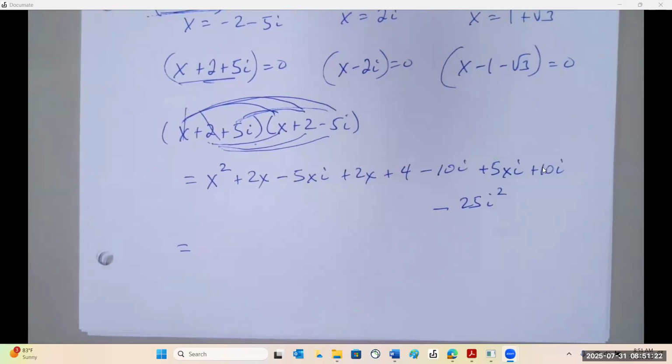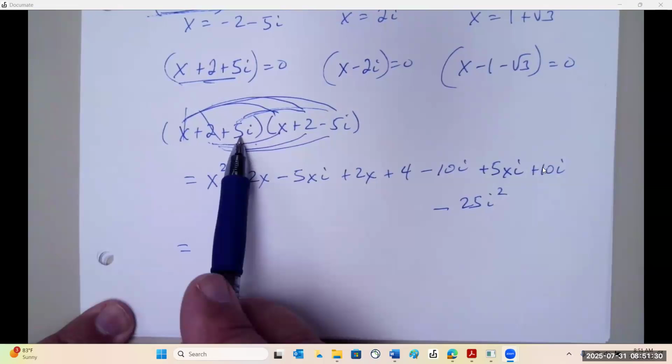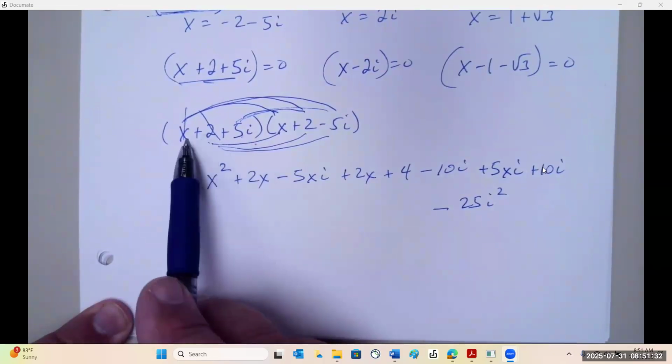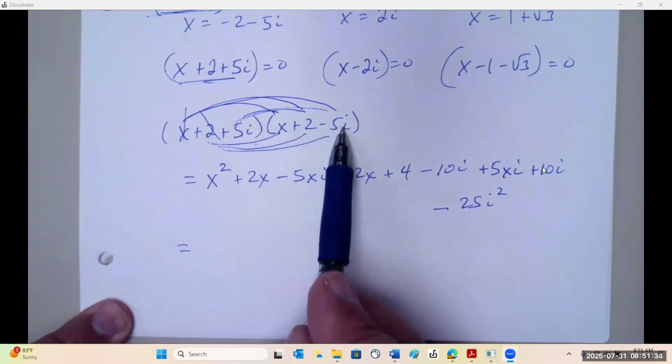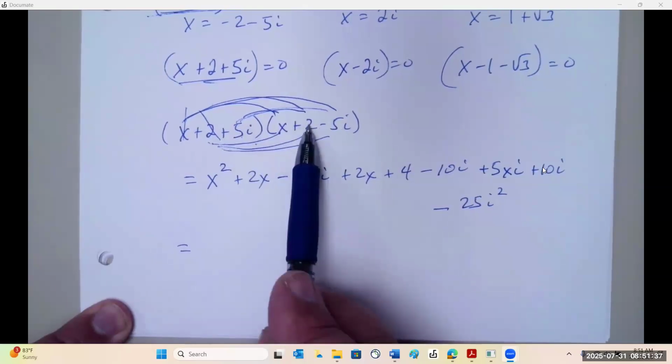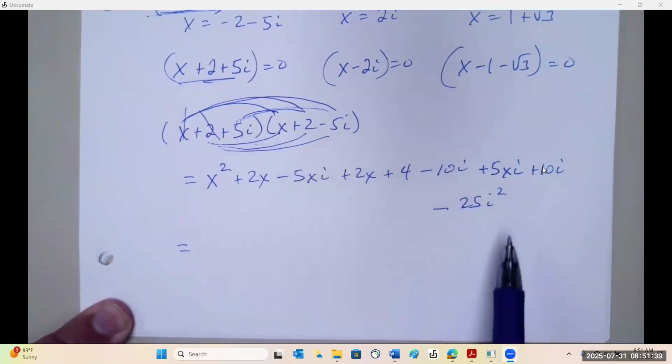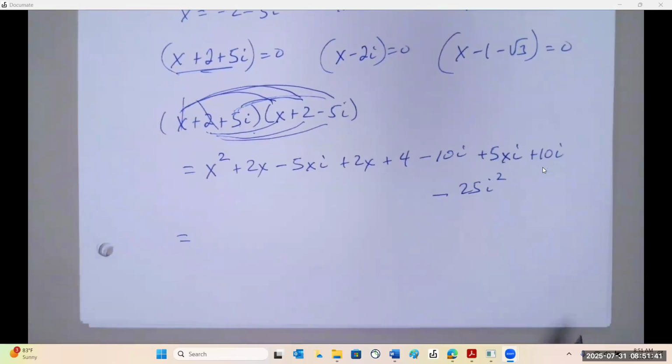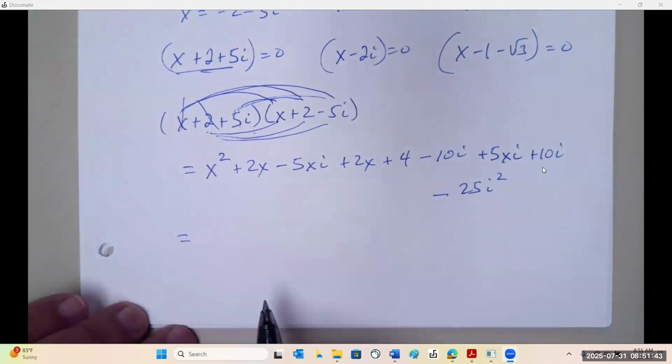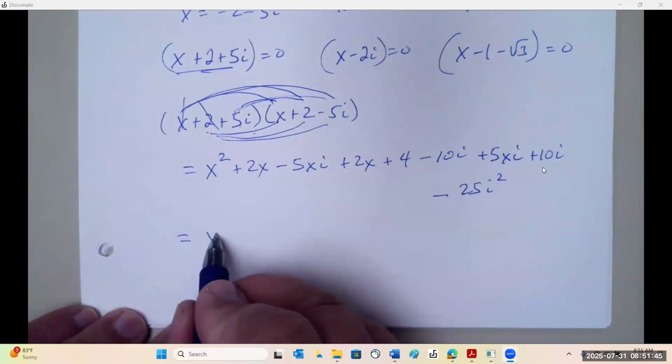How many terms should I have here? How many terms does this one have? And they're multiplied, so 3 times 3, I should have 9 terms here before I simplify. Now let's simplify. I only have that x squared.